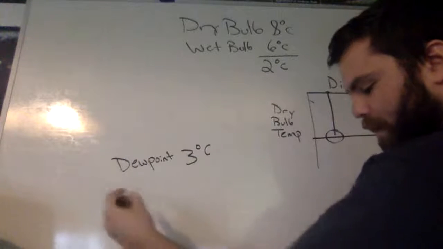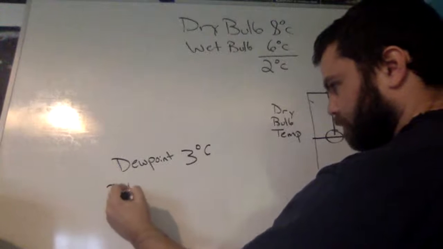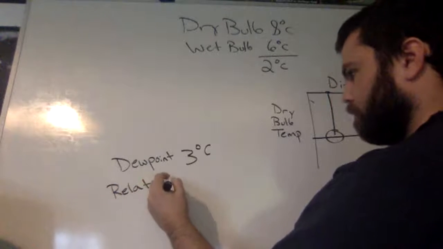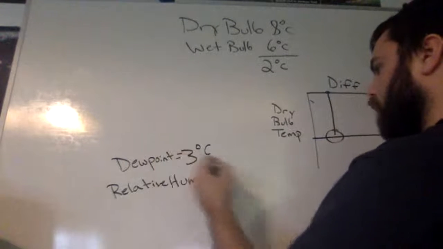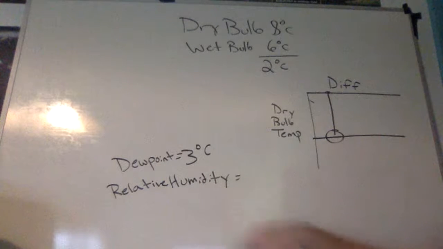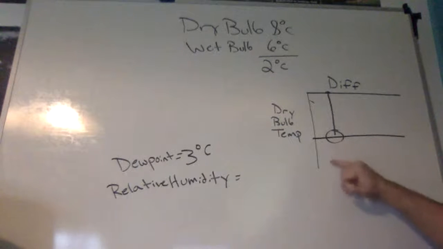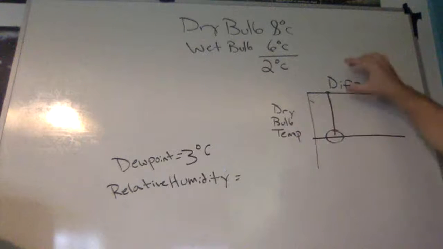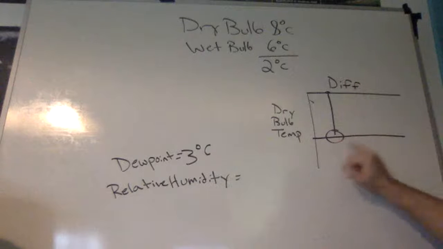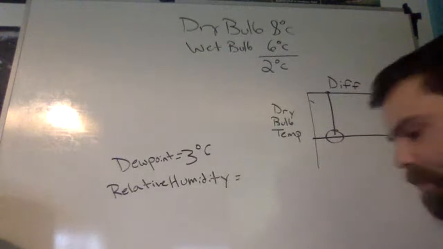We now have to find the relative humidity. We stay on the same page, but now we go to the bottom chart. It's still broken down the same way: you have the dry bulb temperature and the difference between the wet bulb and the dry bulb. The only difference is the numbers inside and the units.